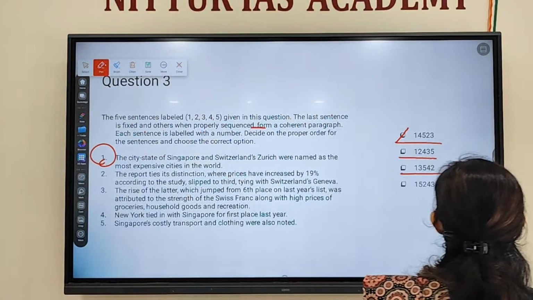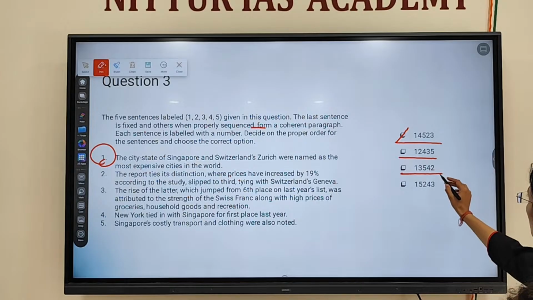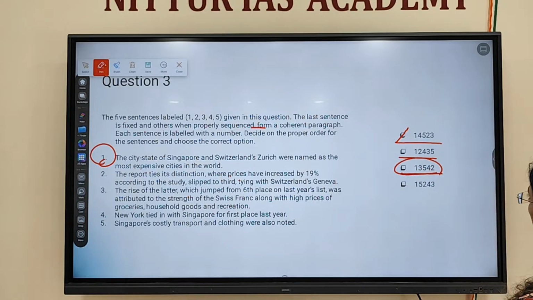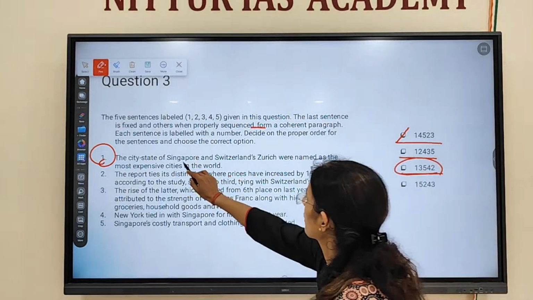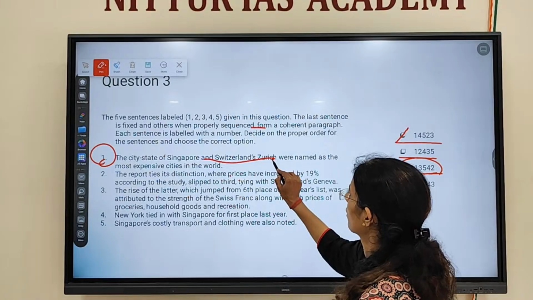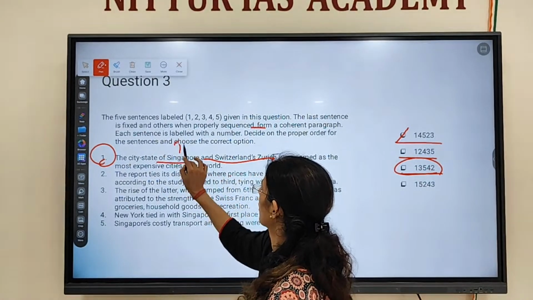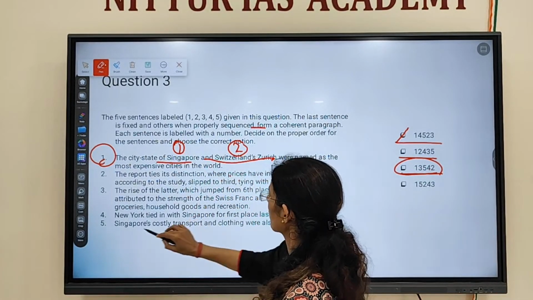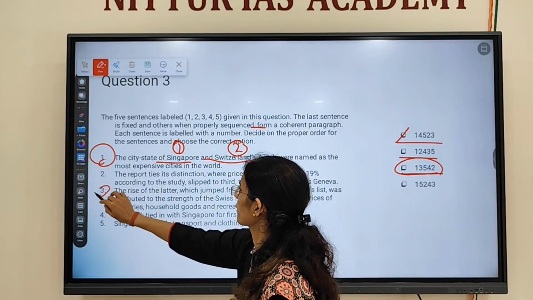If 2 comes after 3, we get this answer, right? Try this one, 1, 3, 5, 4, 2. Does that make sense? 1, 3. Because see, here they are introducing 1 and 2. And then they are saying the rise of the latter. Correct?